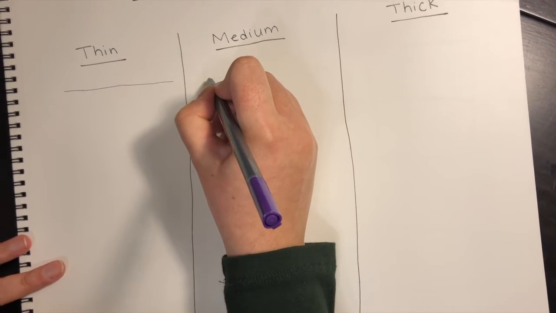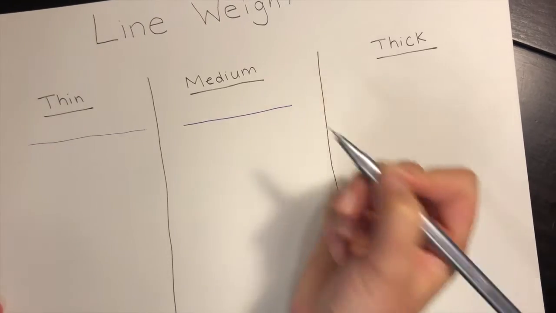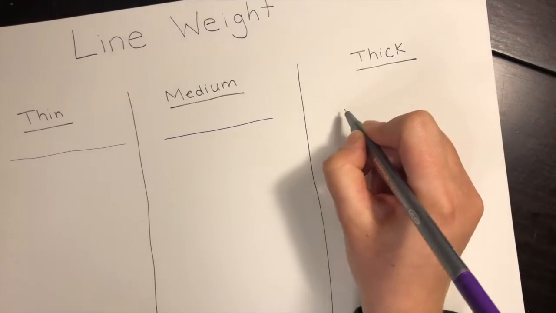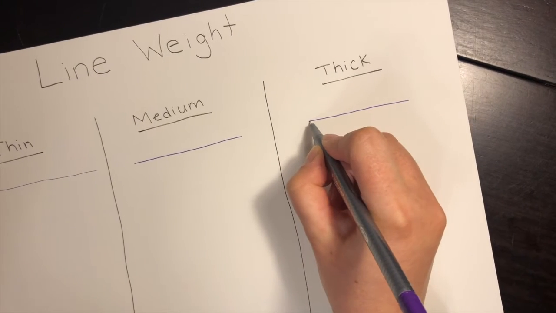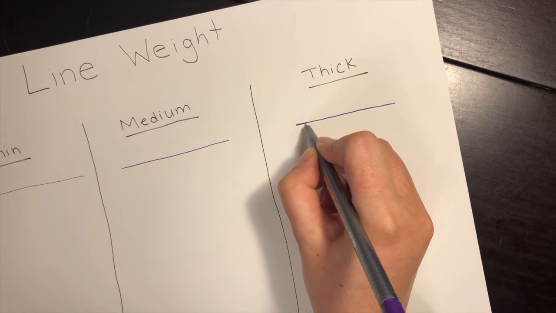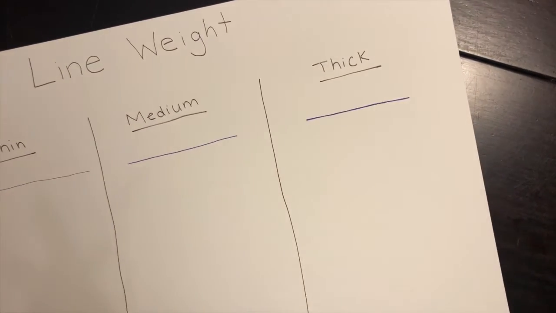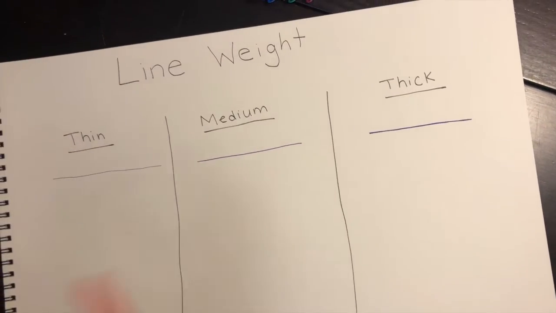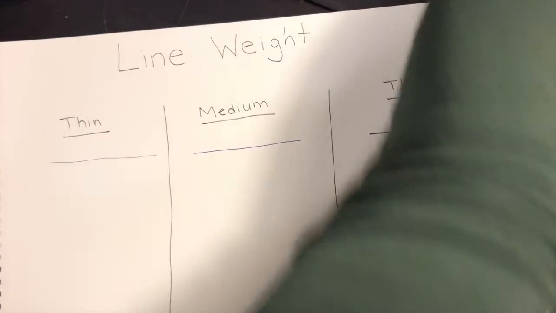All right, so a medium line here, just pressing a little bit harder. And then for a thick line, I'm just going to double that up so you can really see the purple color of my ink. Now, obviously you can look at thin, medium, and thick lines in different colors, but also in different mediums.